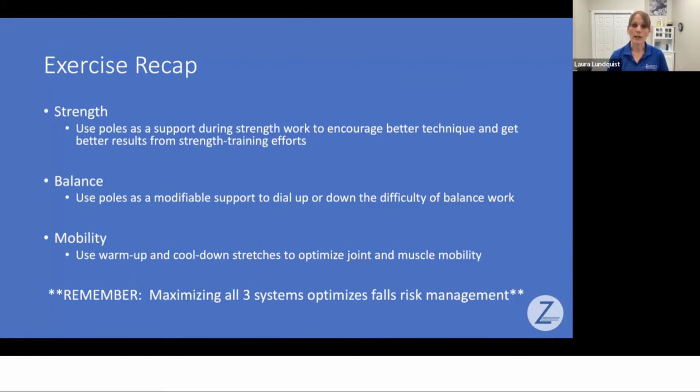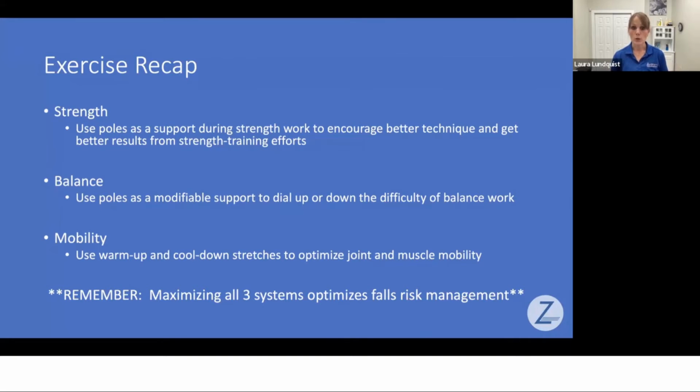So just as a quick recap, the poles can be used as a stabilizing support during strength exercises to encourage better technique and to get better results from our strength training efforts. We can use them as a modifiable support to dial up or dial down the difficulty of our balance work and perhaps make some exercises accessible for people that would otherwise be too risky.